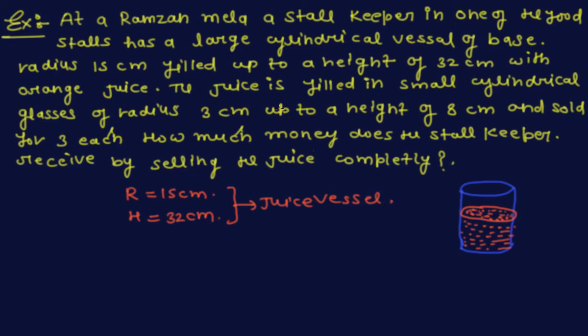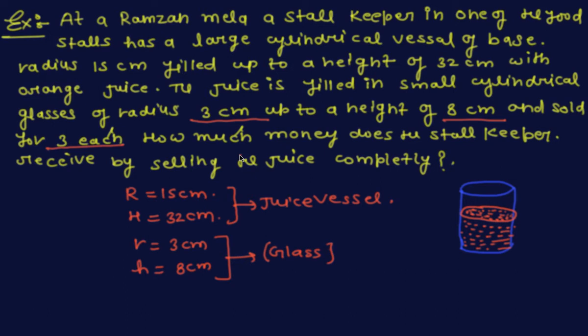The juice is filled in small cylindrical glasses of radius 3 centimeter up to a height of 8 centimeter, and sold for 3 rupees each. How much money does the stall keeper receive by selling the juice completely?